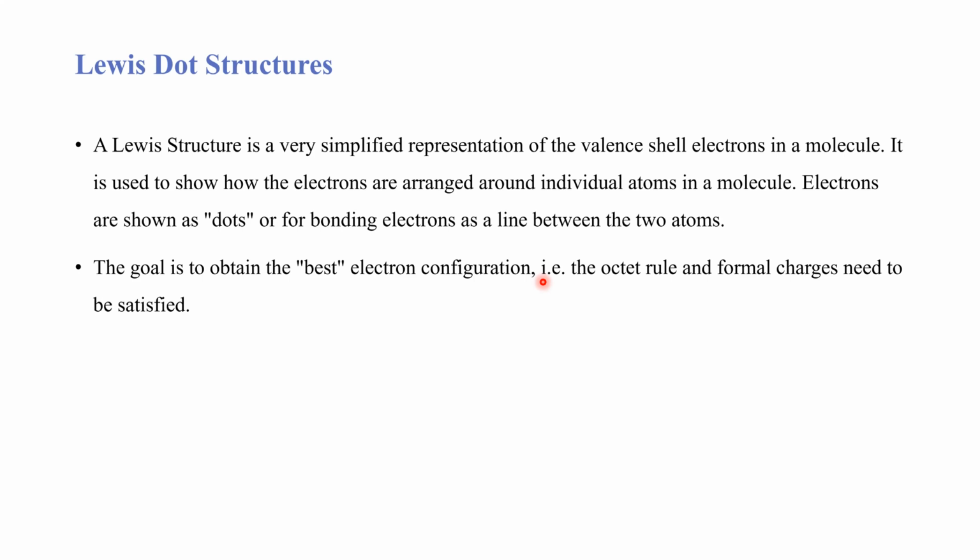So why do we need to draw the Lewis dot structure? You may have seen in some books formulas that are different from the normal open structures and line structures. There you may have seen that charges are mentioned, either positive or negative, and that electron pairs or dots are shown.